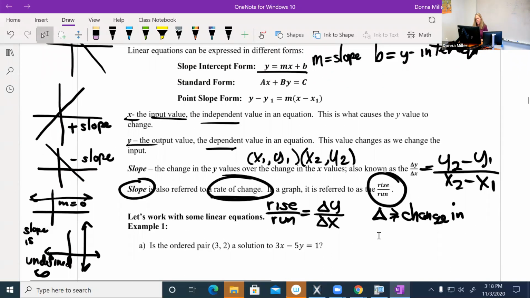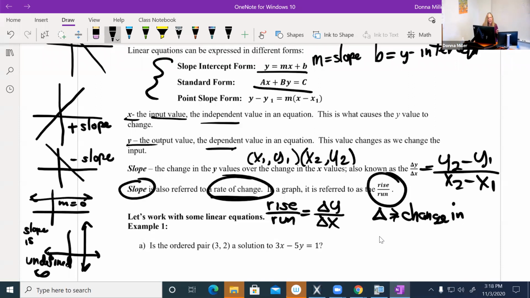Oh, I should talk about some more of these just so you know. There's three equations of the line. Standard form is not terribly interesting because it doesn't give you a lot of information about the line, but that's still a line. The way that I can recognize a line, they all have an x and a y in it. They don't have an x squared, they don't have a y squared, anything. If it has any powers of x or y, it's not a line. All right, so this one is what we call point slope form.